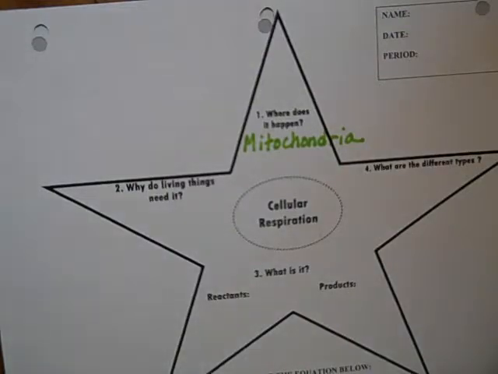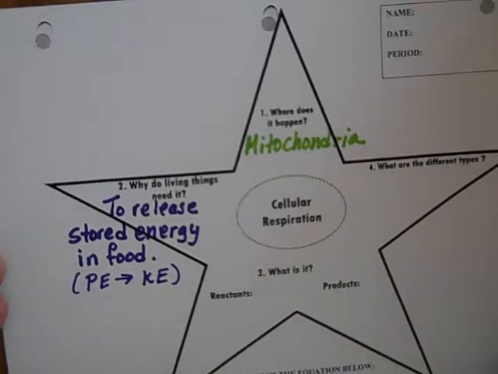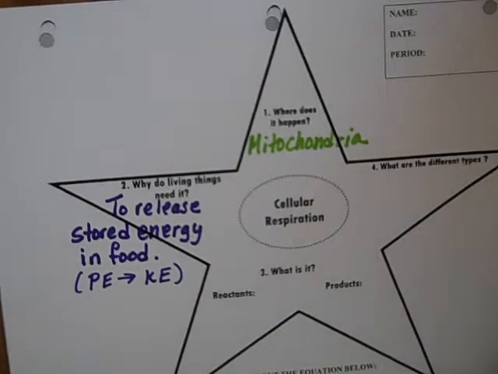So, why do living things do cellular respiration? They do it to release the energy stored in food. So remember, photosynthesis had an energy change from kinetic energy in the sun to potential energy in glucose molecules.